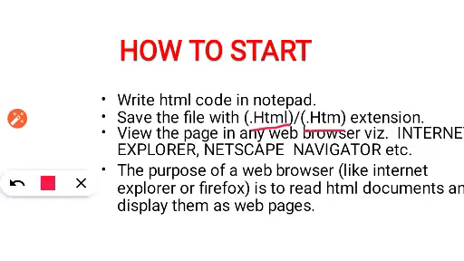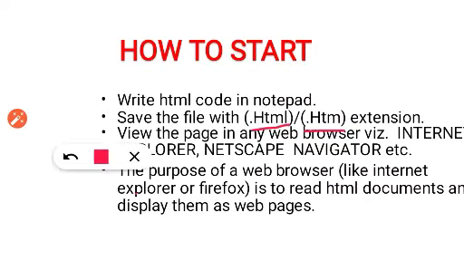View the page in any web browser like Internet Explorer or Netscape Navigator or Google Chrome or anything. And the purpose of web browser, what is the purpose? Why do we require this web browser? To browse it is to read the HTML documents and display them as web pages. So this is very important.